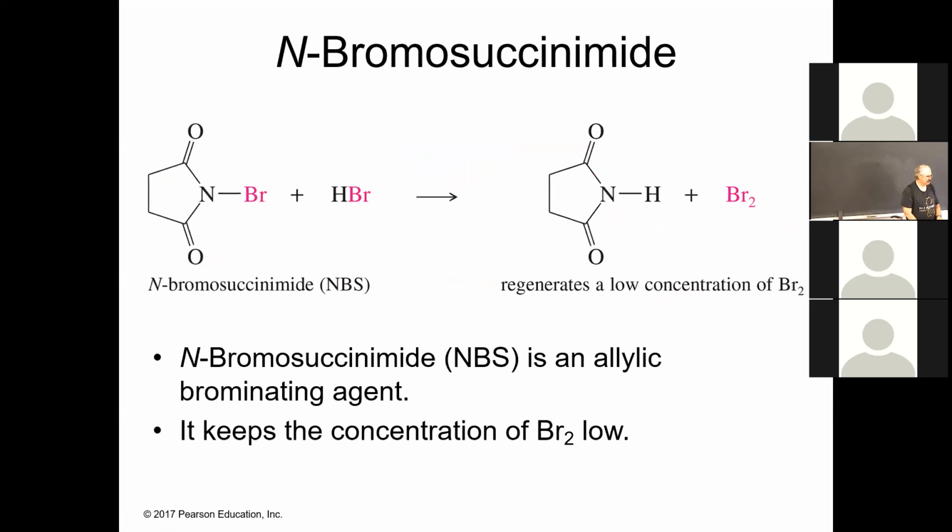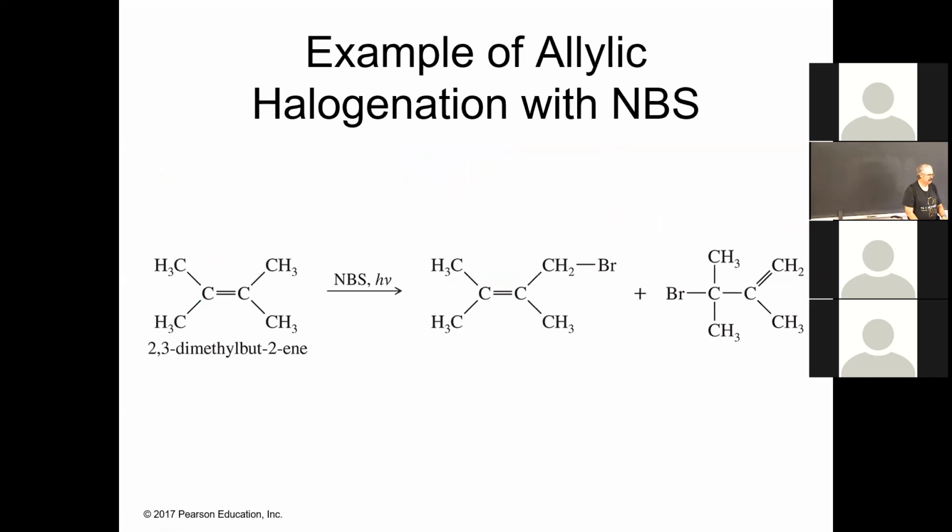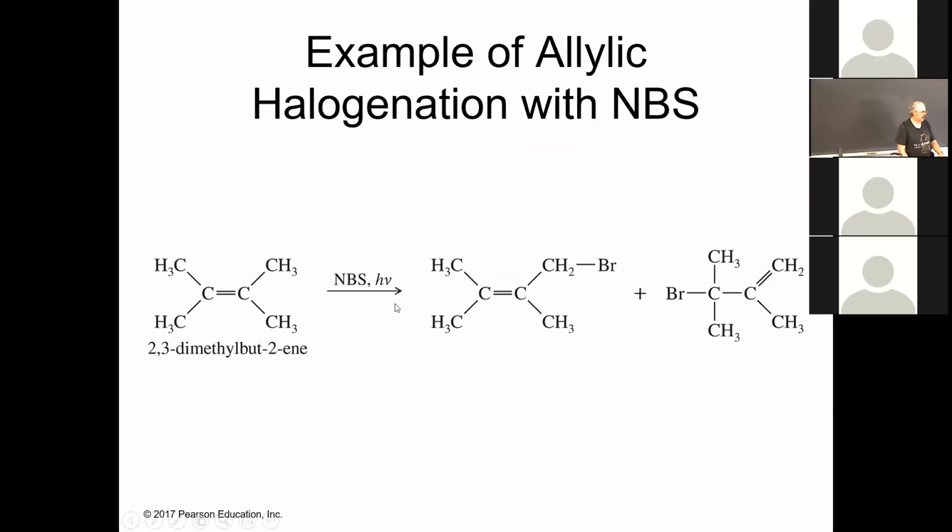But if we just want to carry out allylic bromination, this is a good reagent for doing that. It's highly selective, and it gives good yield for the allylic product.